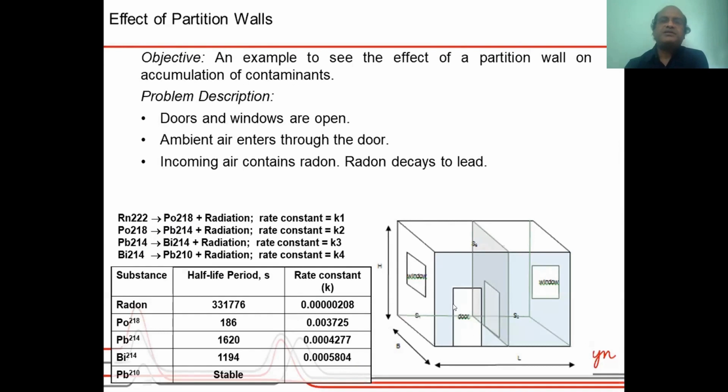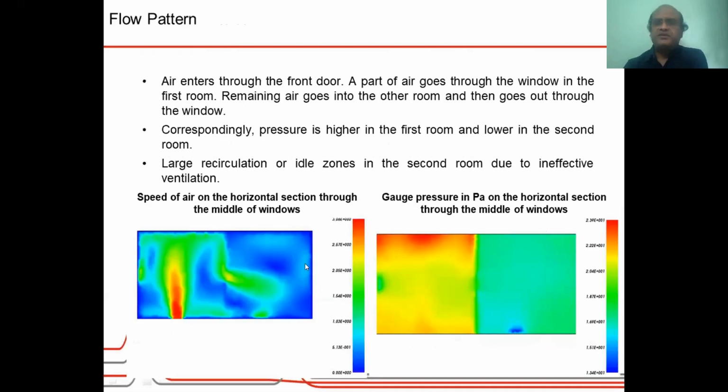Air comes through the door and escapes through the window, and there is a partition. If you look at the flow field, the air comes in through the door and there is an outflow through this window, and the window and the other door are closed.